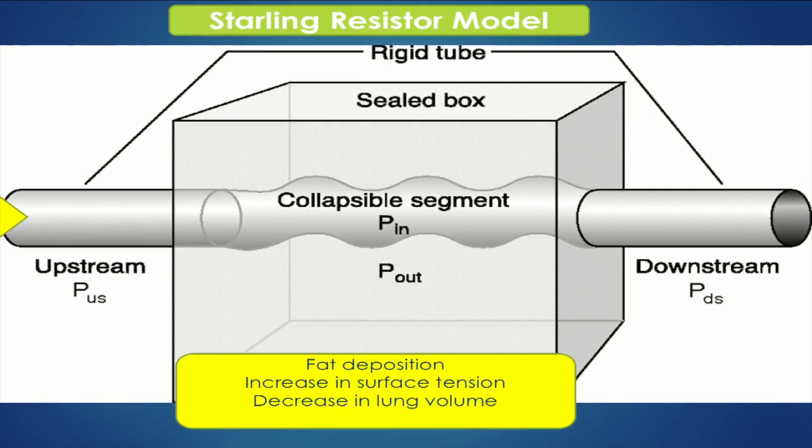Some factors that would lead to collapse of the airway include fat deposition, an increase in surface tension, and a decrease in lung volume. The point is that the patency of the airway is influenced by numerous anatomical and physiological factors which should be understood in order to successfully treat a patient for obstructive sleep apnea.